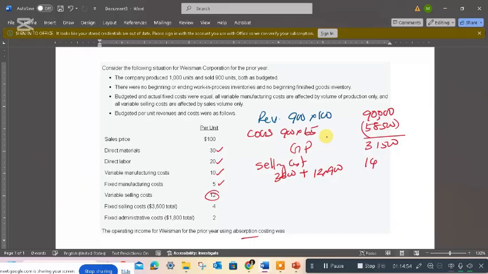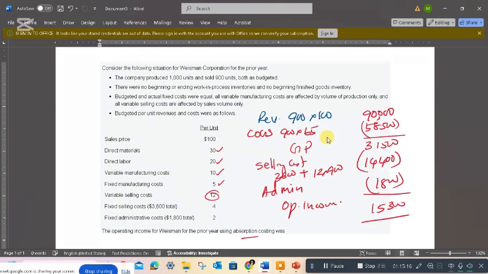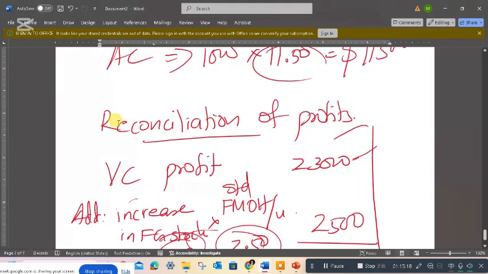Plus 3,600, 14,400. Fixed administration cost 1,800. Subtracted, you must get the operating income. 14,400 plus 1,800 is 16,200. 15,300. Do we have an answer? 15,300.